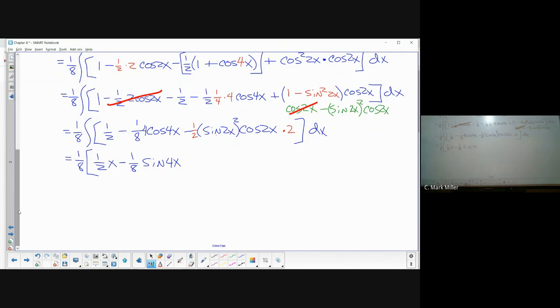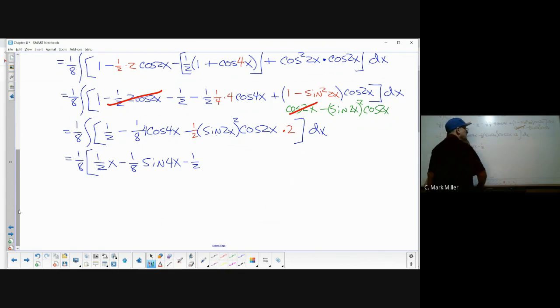Next one. Minus 1/2 sine 2x cubed over 3. And all of that is the derivative of the inside.